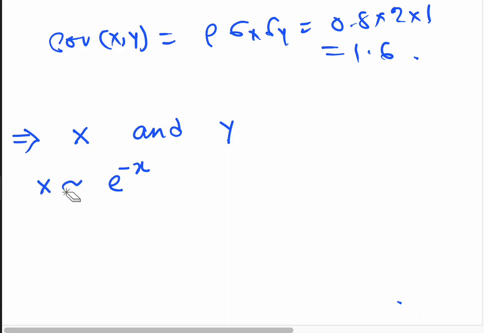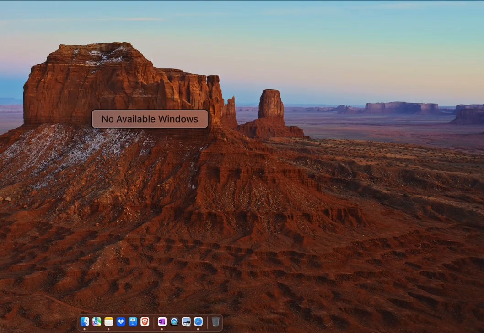Both follow the probability density function. It is PDF, right?